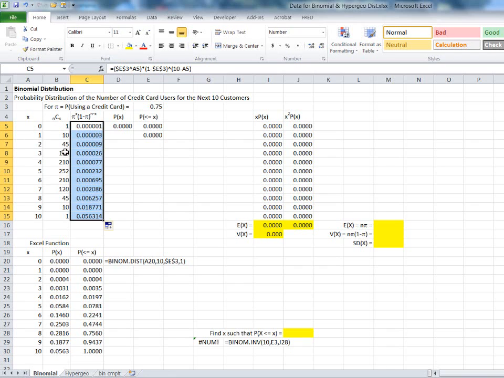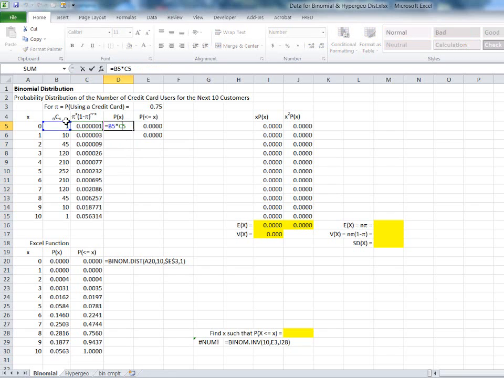Well, instead of adding them up, we're just going to multiply by the number of times it occurs. So 210 times 0.000077 will give us the probability of 4 people using a credit card out of those 10. So I've already done that. This is just these two numbers multiplied together. So let me copy that down.